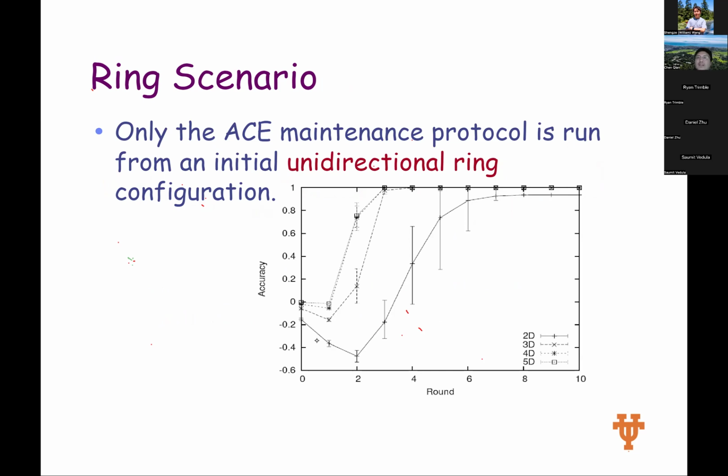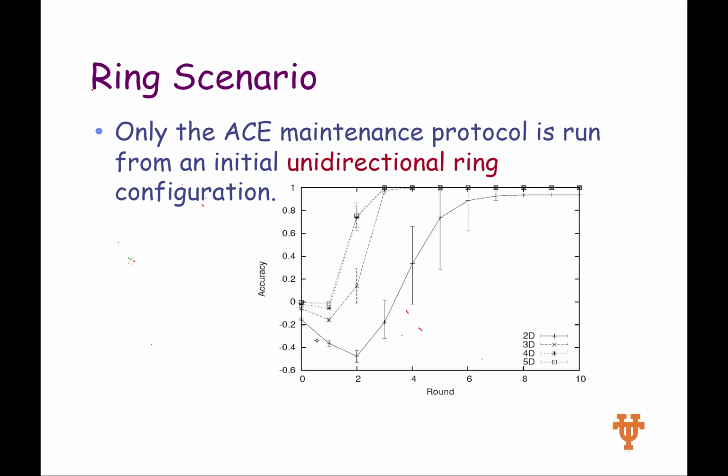Initially they put the nodes in a ring, and of course a ring is not a DT, right? They allow the maintenance protocol to construct, and they find that for 2D and 3D, the accuracy will converge to 1 after 4 rounds of the maintenance protocol.